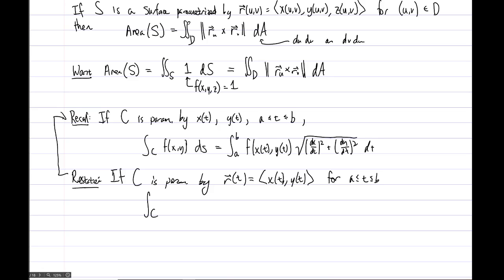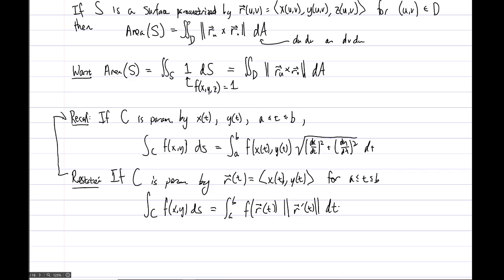Then this same line integral, the integral over C of f of x comma y ds, we're really just going to say this is the integral from a to b of, and we haven't written it this way for a line integral over a scalar field or scalar function, but we're going to now do this. We're going to write f of vector r of t times the magnitude of r prime of t dt.